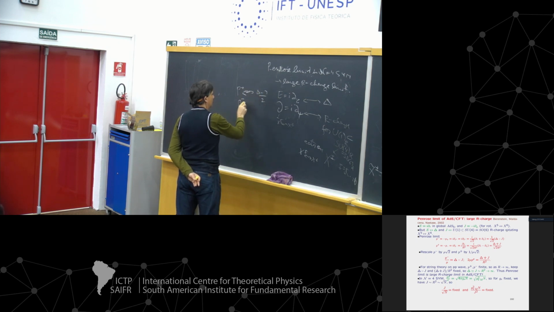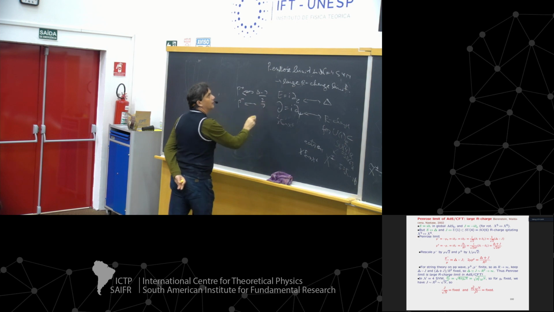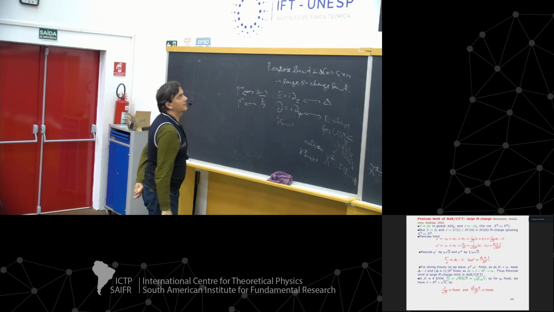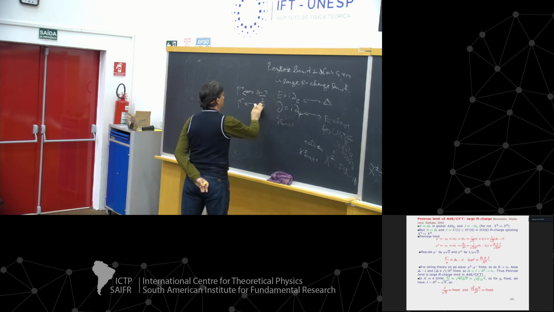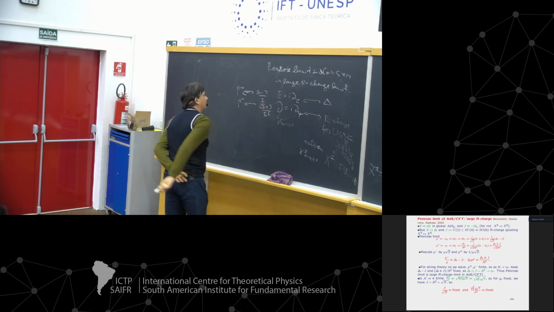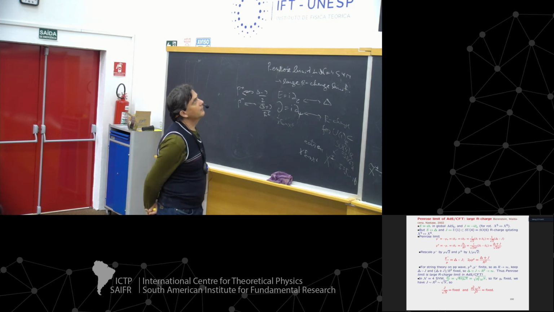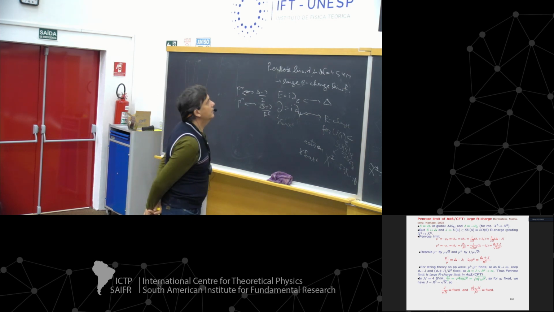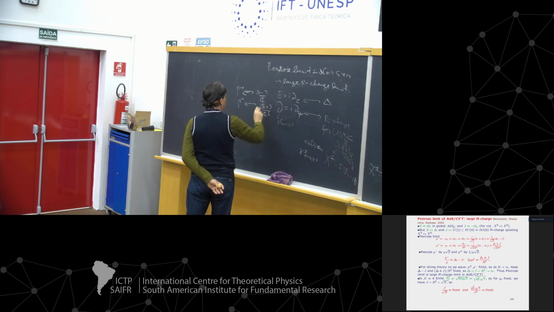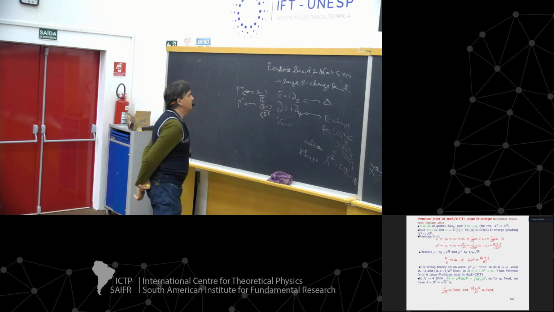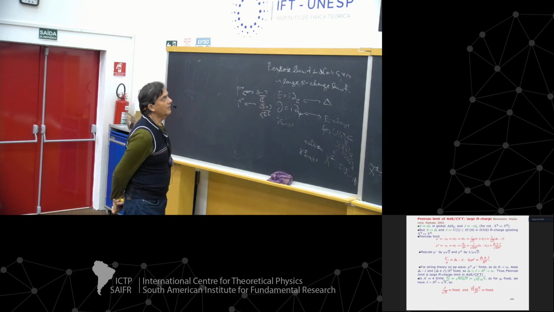And P minus corresponds to delta plus J over R squared, with a square root 2.